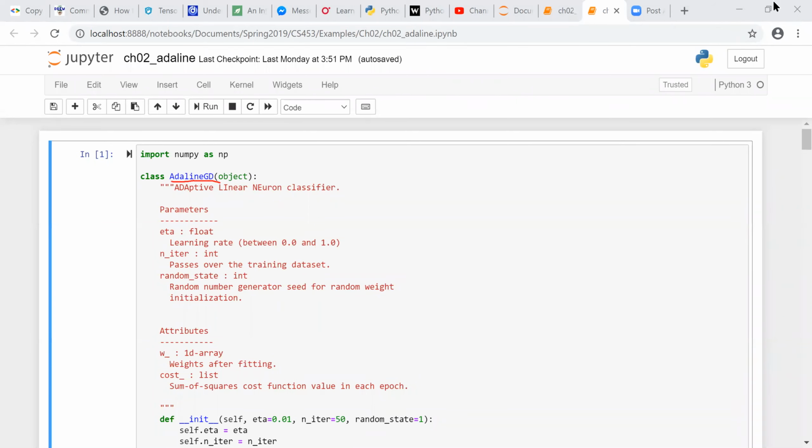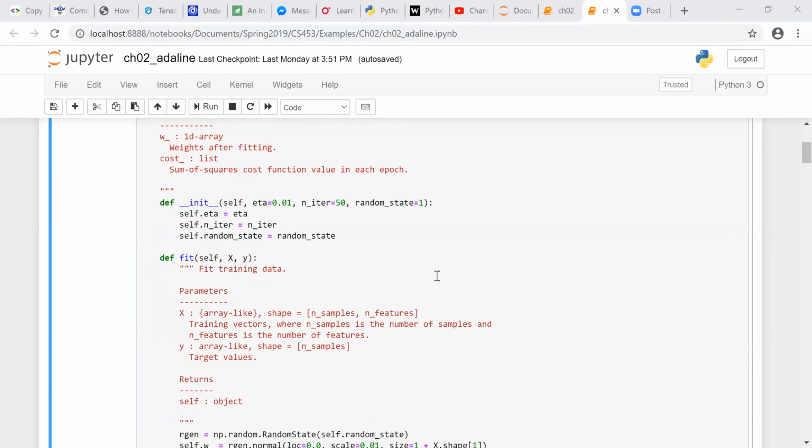As usual, it has a learning rate, eta, and number of iterations. Be careful, the learning rate is between 0 and 1. Then we have weights, and we also define cost. So a lot is similar to the perceptron.